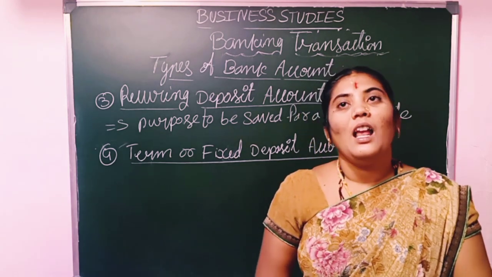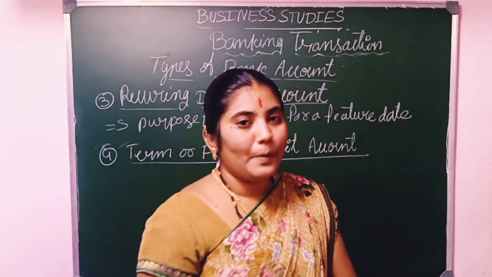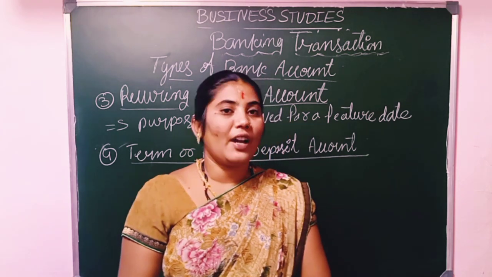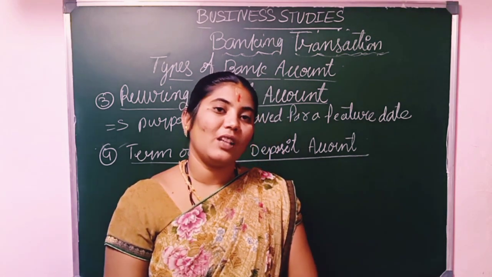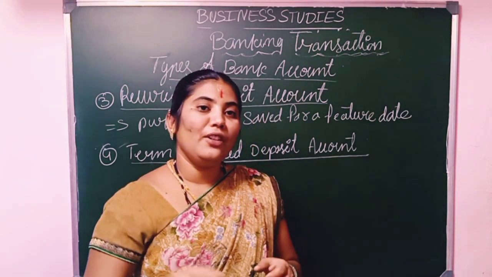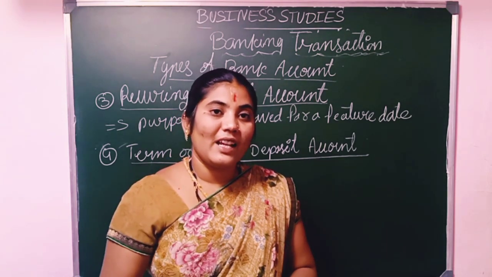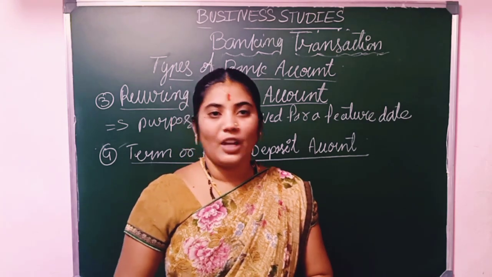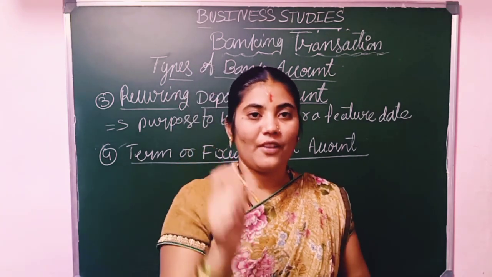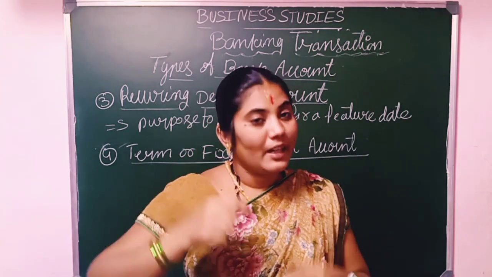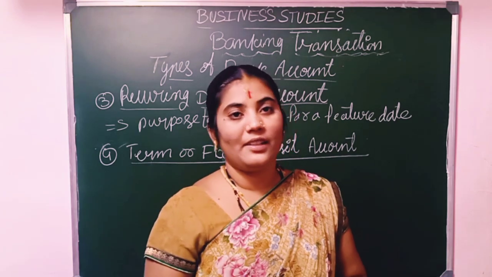For example, I fixed 5 lakh rupees for 5 years. According to the bank's rules and regulations, I will get back this 5 lakhs with the particular interest after the 5 years.